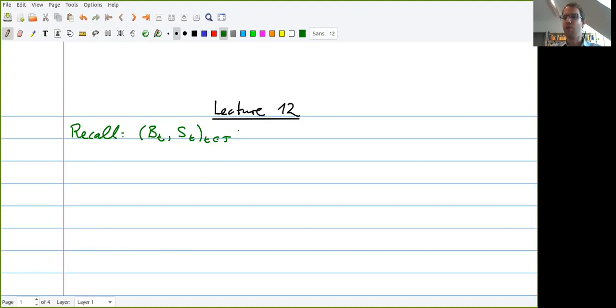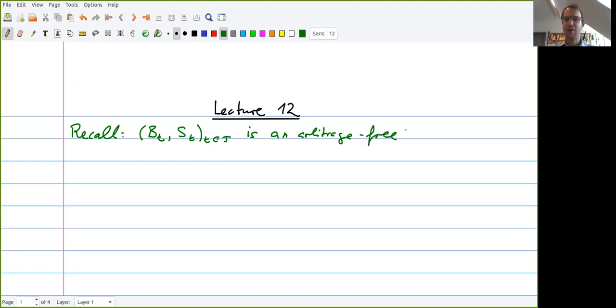So this is the model for the underlying price process. We have one risk-free asset, which models some bank account, and then d risky assets, here described by the vector S. And this is supposed to be arbitrage free.